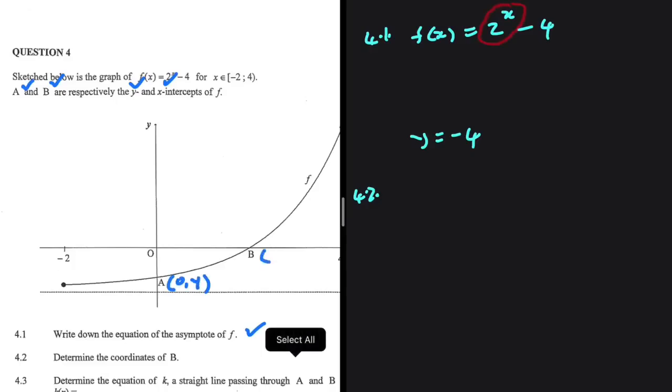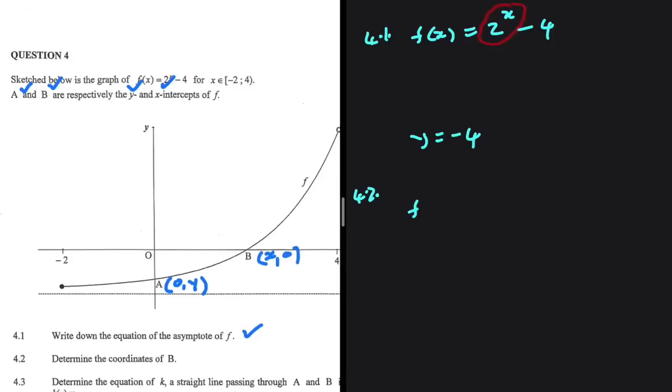And b is the x-intercept, and y is equal to 0. f of x is equal to 2 to the power x minus 4. If we substitute the coordinates of b, x and 0, in an attempt to find x, we're going to have 0 being equal to 2 to the power of x minus 4.